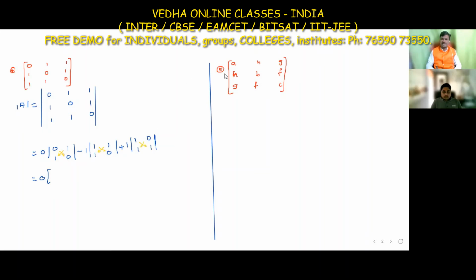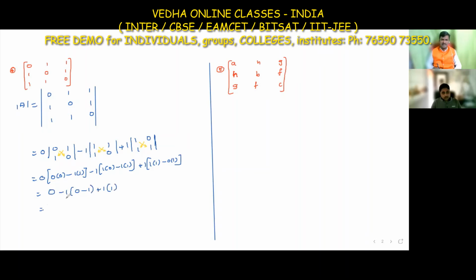Same thing we apply here. 0 into 0 minus 1 into 1, minus 1 into 0 minus 1 into 1, plus 1 into 1 minus 0 into 1. 0 into something is anyhow 0 only. Minus 1 into here, 0 minus 1. Plus 1 into 1 minus 0, is 1 only.